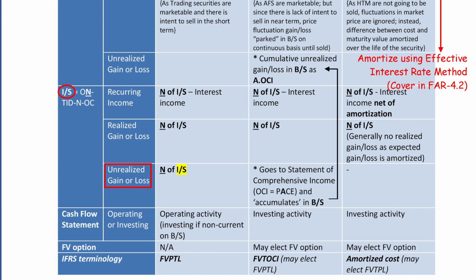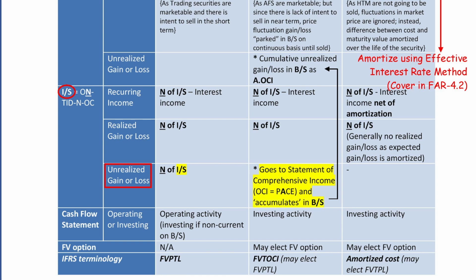But for available for sale securities, these unrealized gains or losses go to the statement of comprehensive income, that's OCI, and this is the A of the PACE, available for sale debt securities. And this unrealized gain or loss accumulates in the balance sheet.